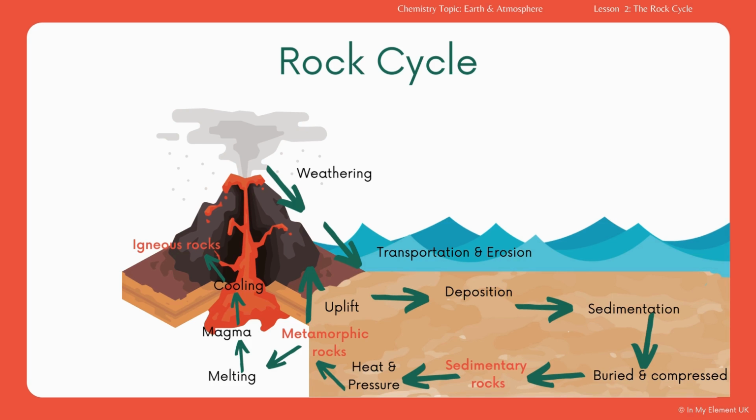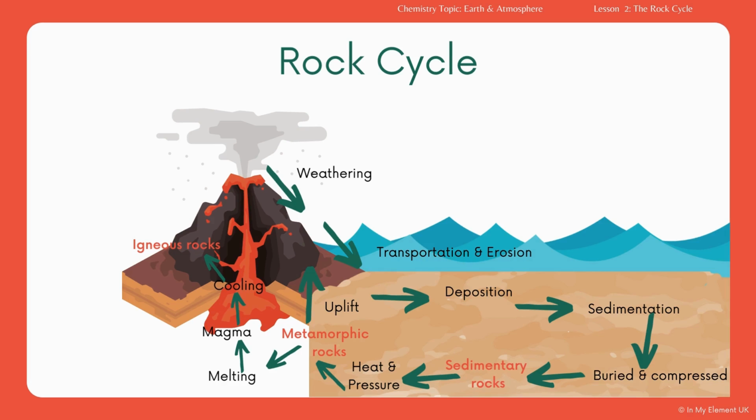This will form magma, and that magma can eventually cool and solidify, and it will form igneous rock. And you can see that there as well. The igneous rock will have been formed. That can then be involved in the weathering, and the cycle starts again.